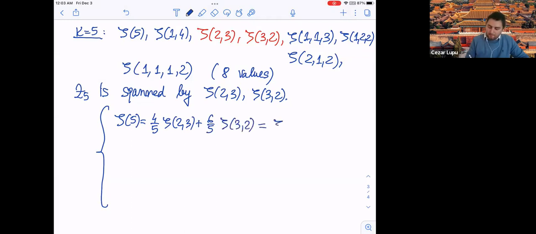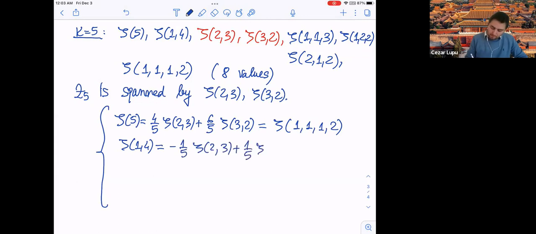And of course, what we'll call later on the Drinfeld duality theorem, 1, 1, 2. Also, the zeta of 1, 4, we have this, it can be written as negative 1/5 zeta of 2, 3, plus 1/5 zeta of 3, 2.